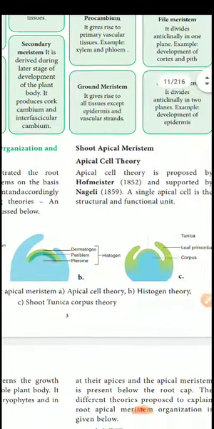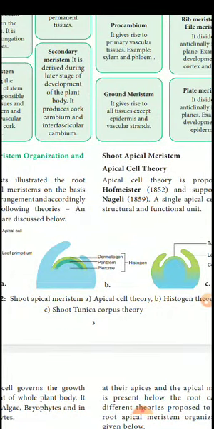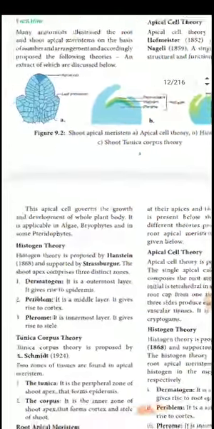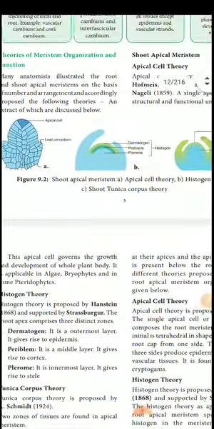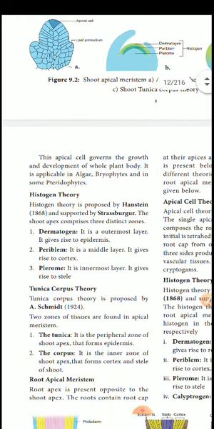Okay, so this is the theory of the shoot apex: apical cell theory, histogen theory, and tunica corpus theory. There are three theories based on which the shoot is formed. First, the apical cell theory: growth and development is the important point, and it is applicable in bryophytes, some pteridophytes and algae. Next, the histogen theory was proposed by Hanstein and supported by Strasburger.